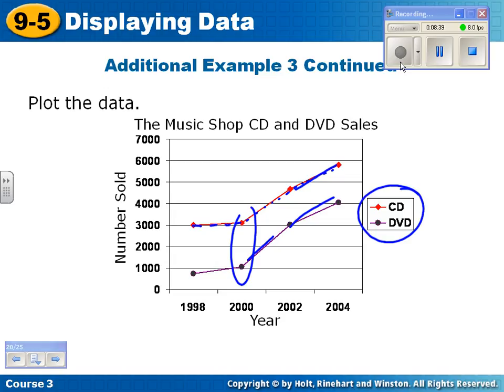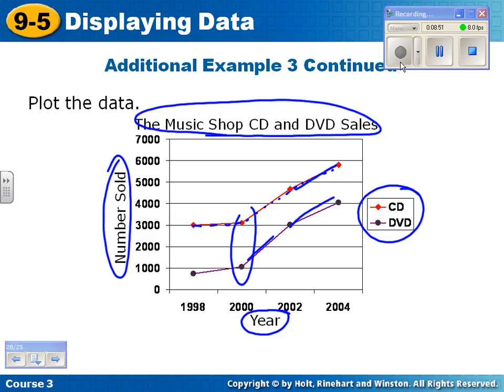Also, please notice if you're going to be constructing graphs, make sure you are labeling both axes and give it a good title, and make sure you have a key in case you need to distinguish data. Make sure your scale makes sense, your scale over here.